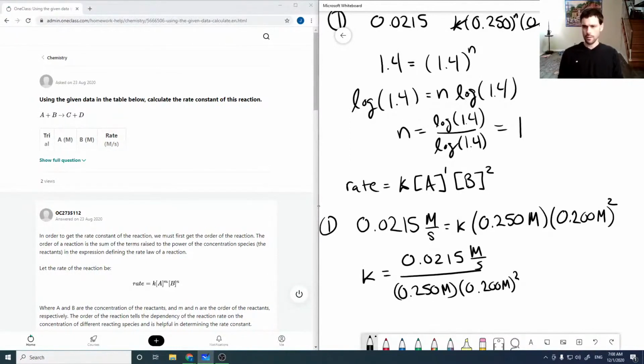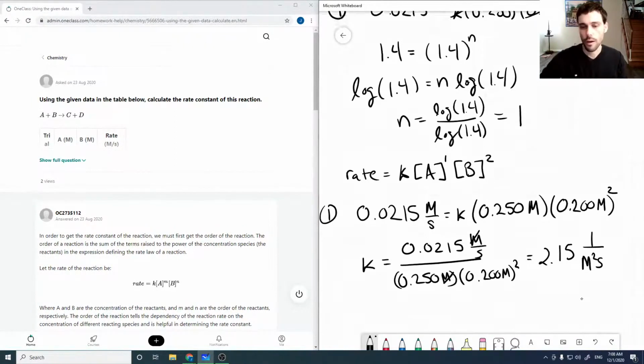And so one of these molars will cancel, but then we're going to have a 1 over molar squared second. So doing this division, not forgetting the square there, we get 2.15, 1 over molar squared seconds. And so there's our K.